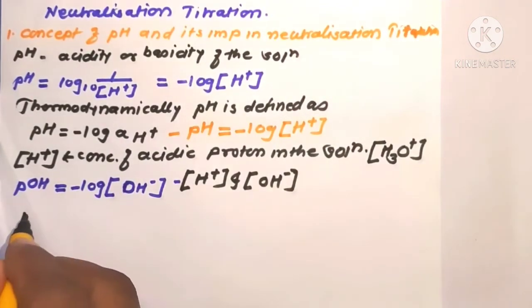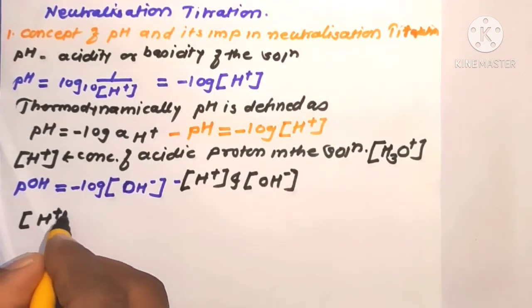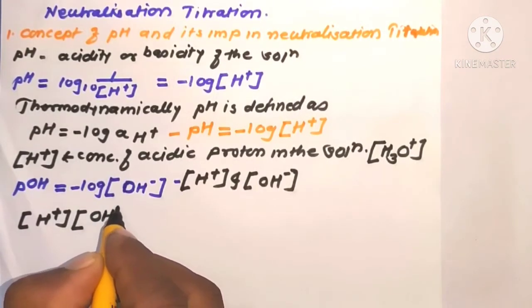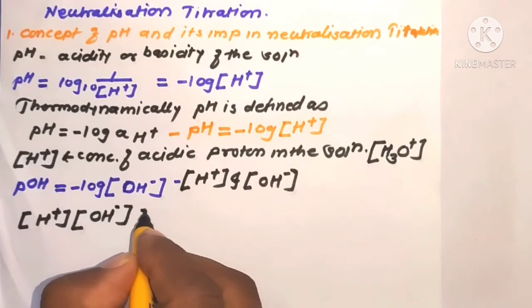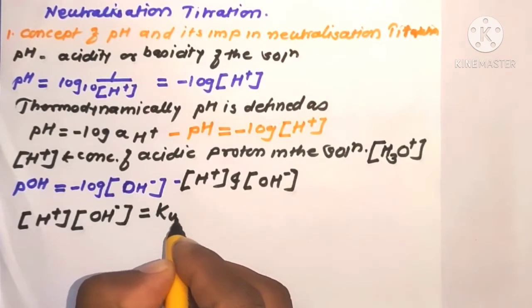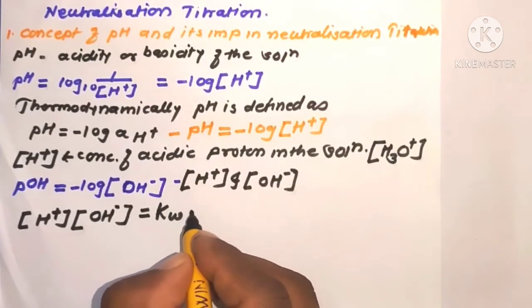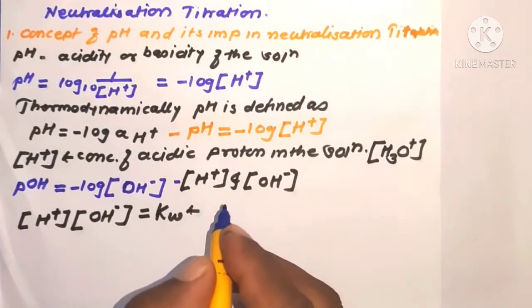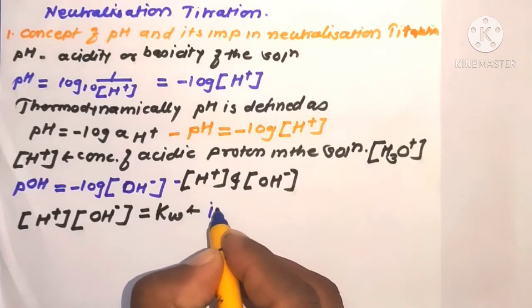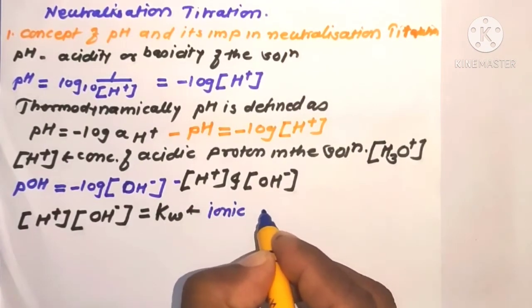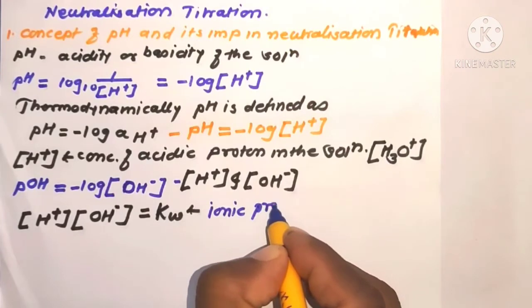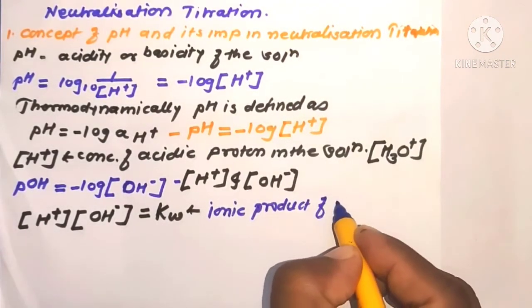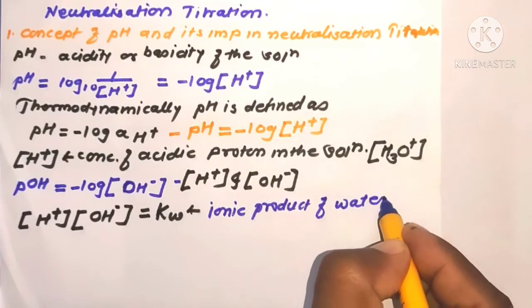That is, the concentration of H plus ion into concentration of OH minus ions is equal to Kw. That is, Kw is the ionic product of water.